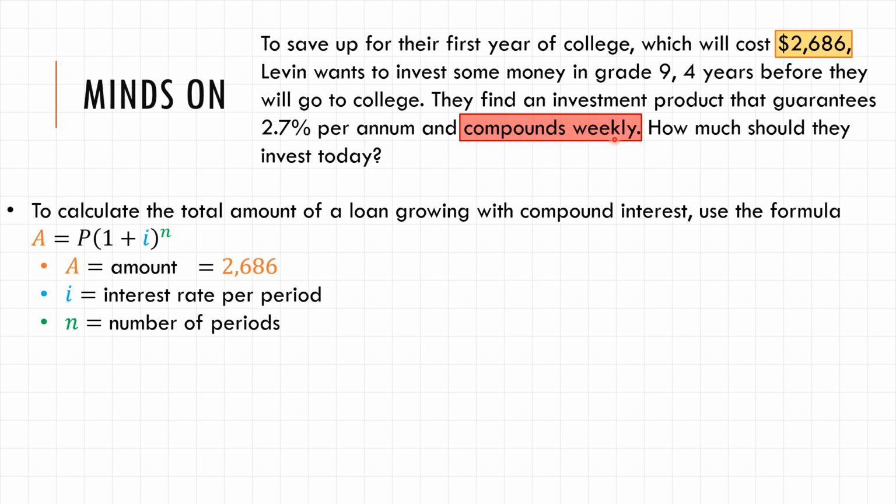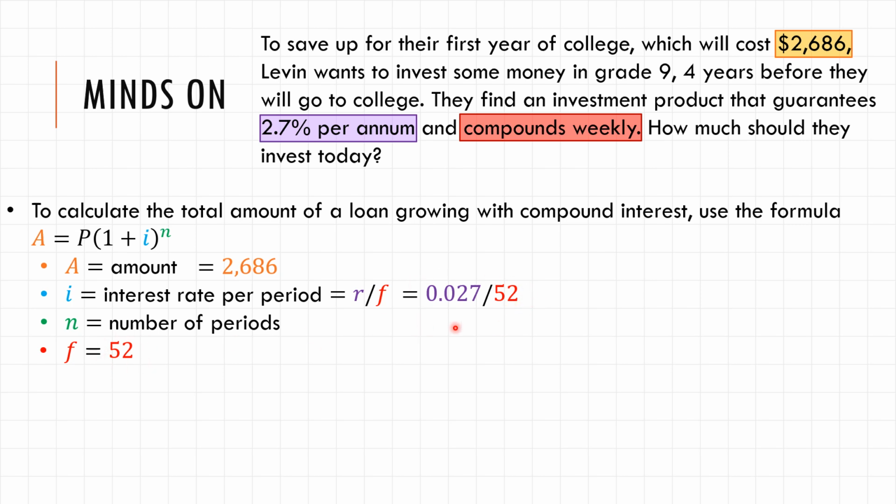So basically, that compounds 52 times a year. So in that one period, we don't get the full 2.7% because this is per year. We did not wait a full year yet. So we have to take that and divide it by the frequency. So 0.027, which is 2.7% as a decimal, divided by 52 weeks in a year.